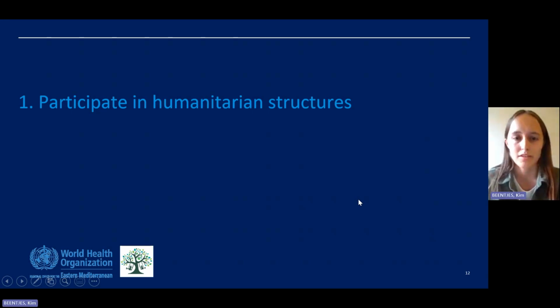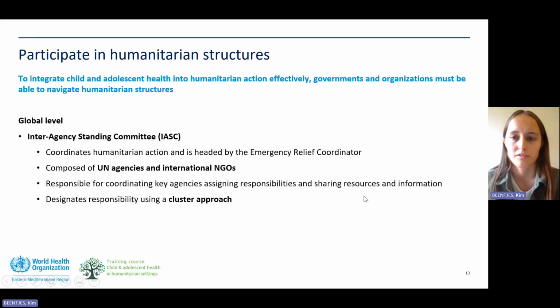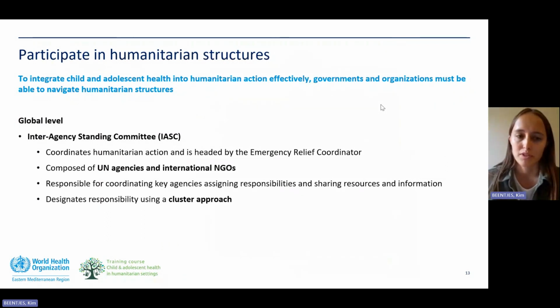To integrate child and adolescent health into humanitarian action effectively, governments and organizations must be able to navigate through humanitarian structures, and this is why I will go into some more actors on a global level and on a national level. On a global level, the most important actor is the Interagency Standing Committee, or the IASC, which coordinates the humanitarian action and is headed by the Emergency Relief Coordinator.